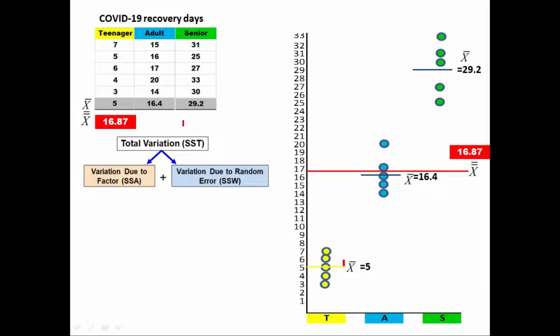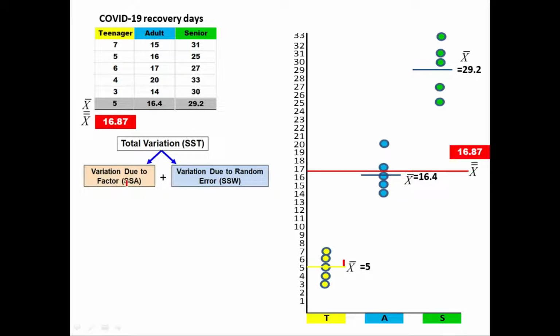So in ANOVA, as I said before, we have to calculate the variances. In total, the variance we can divide into two parts. The first one is the variation due to the group. Because of that, we have to see the variation among the groups.